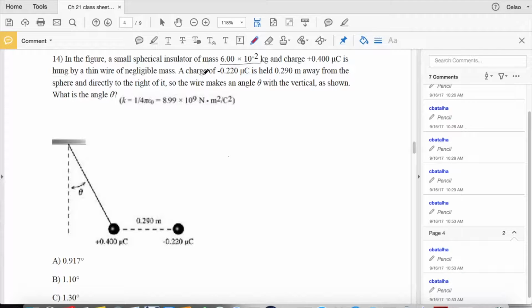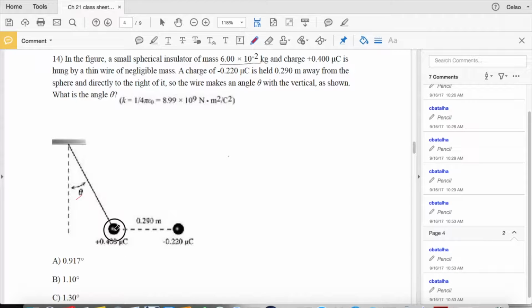We have a spherical insulator, the mass is given, the charge is given, and it is hung by a thin wire. A negative charge is held a certain distance away. So the wire makes an angle theta, and again we should find the angle. It's exactly the same problem.